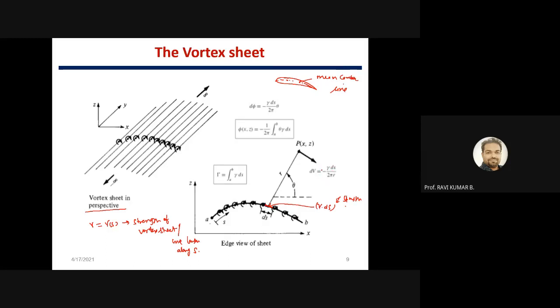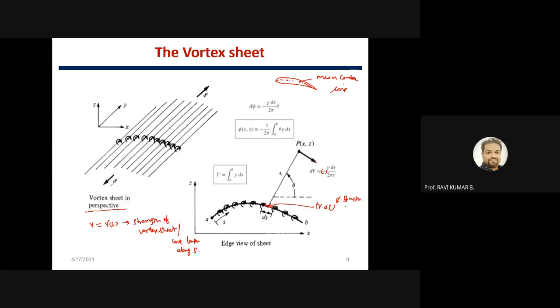So the small induced velocity is gamma upon 2 pi r, or you can say gamma is equal to 2 pi r u theta. So dv is equal to minus gamma upon 2 pi r. What is gamma? The circulation of this length, which we already know is gamma ds. Gamma ds divided by 2 pi r is the small induced velocity at this point.